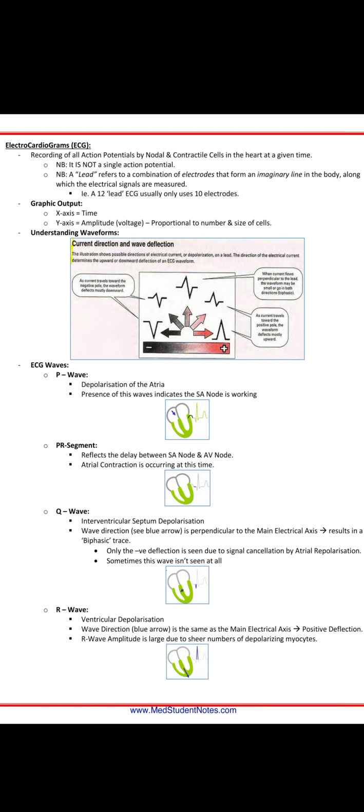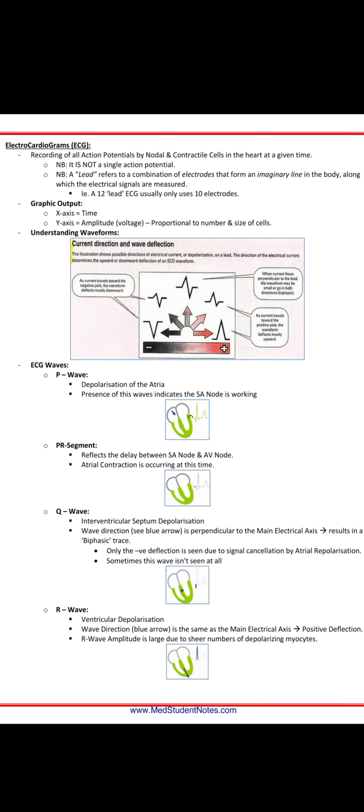Not only the single action potentials generated by the AV or SA nodes, but all the action potentials generated by the nodal and contractile cells in the heart at a given time are evaluated by the ECG.